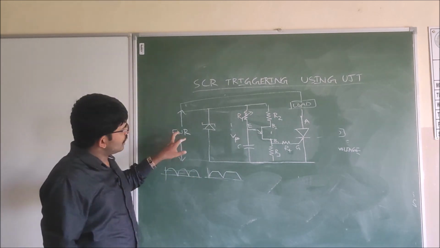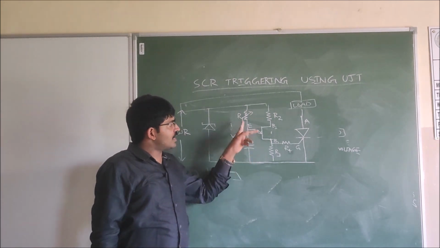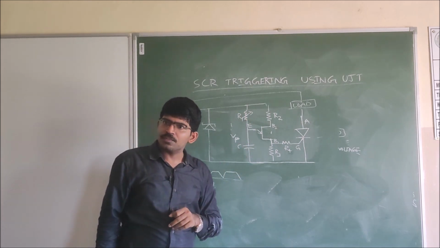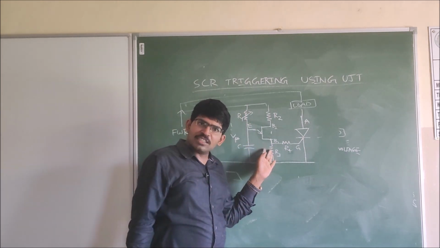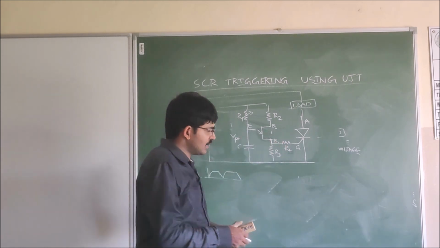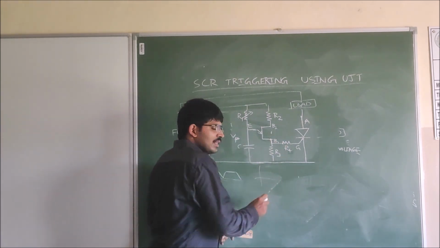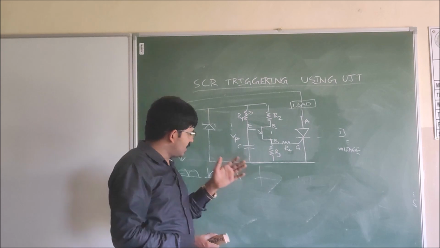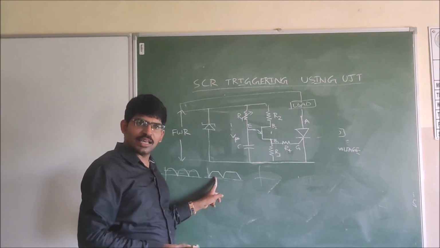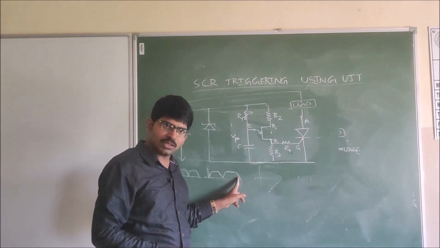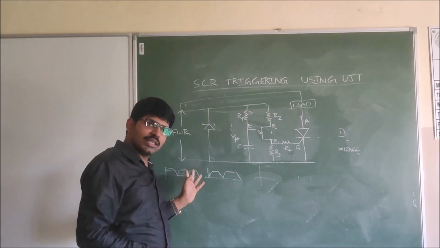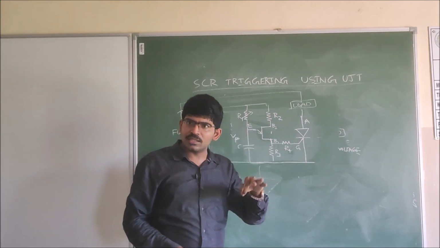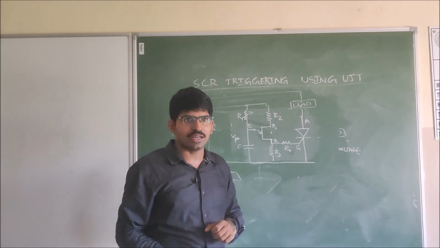Here, the capacitor charges through R1, and in a similar fashion the UJT will produce the pulses. Whatever the number of pulses, for example, for this cycle one pulse, for this cycle one pulse. If we are using 3 cycles, it means 3 pulses are generated.